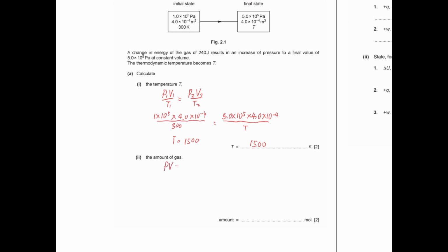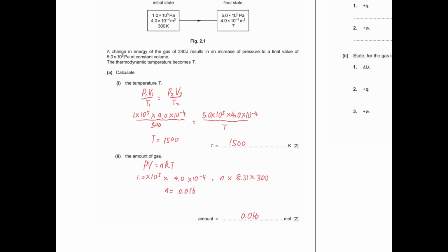So PV equal to nRT: pressure, then volume, and then n, R, and then T. So you will get n equal to 0.016. Okay, now let's move on.